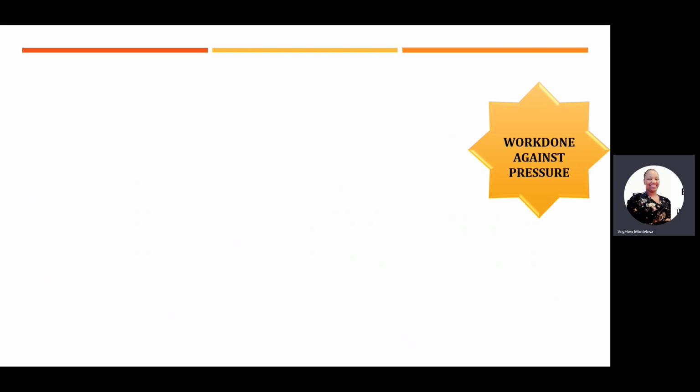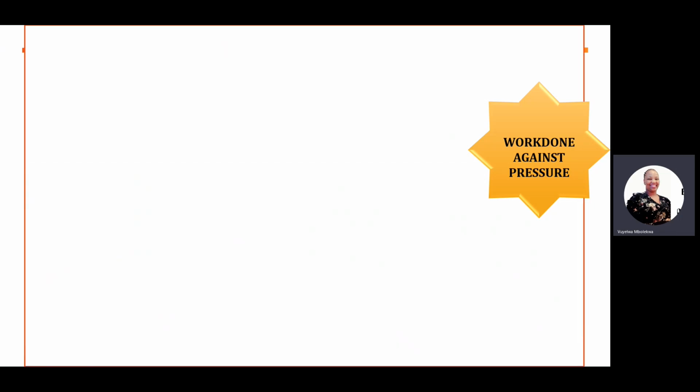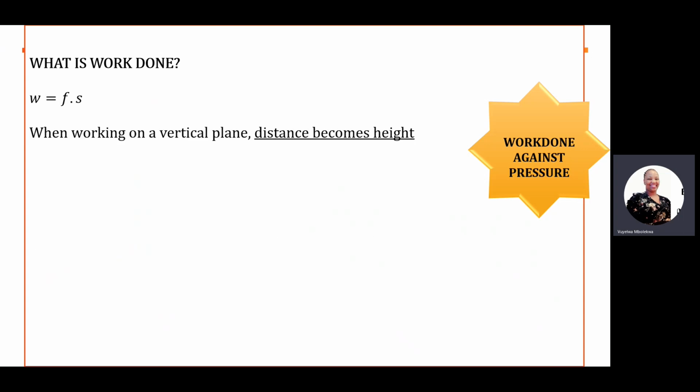Now, this is everything you already know. It just depends what you are given and how you express work done based on what you are given. So work done has always been force times distance since N1. But when you are working on a vertical plane, you remember distance becomes height.